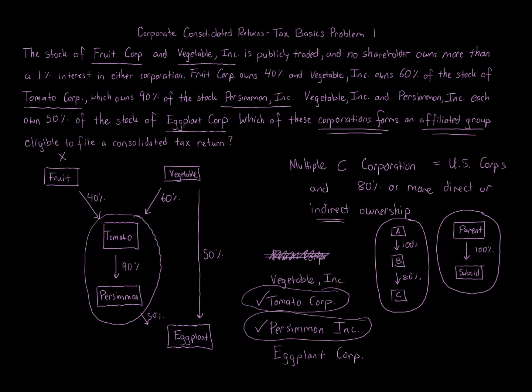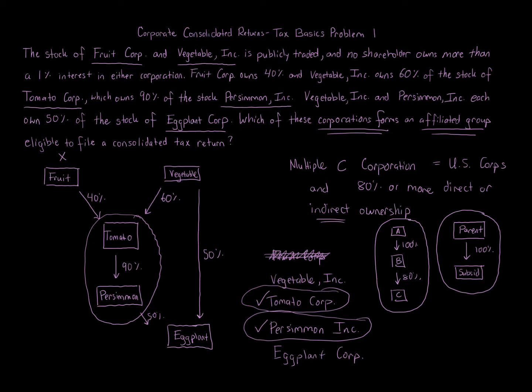So again, let me explain. Vegetable to tomato, there's not 80% and there's no other commonality of ownership. But persimmon to eggplant, persimmon has 50%, so that's not enough for direct ownership, right? Because you have to have 80% or more. So for the indirect ownership, vegetable is related to persimmon indirectly.